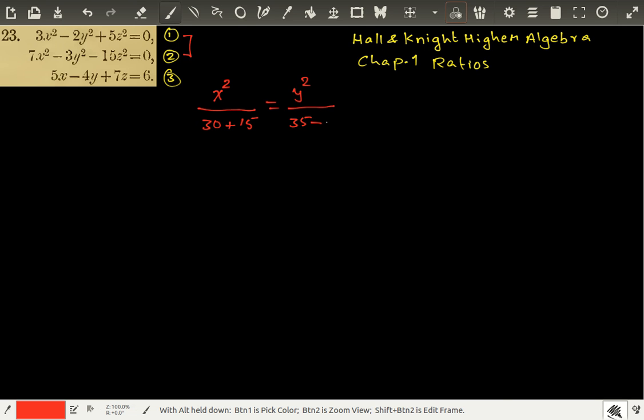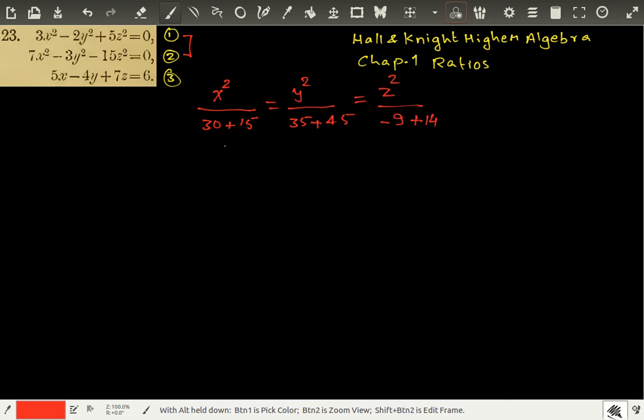So minus 45 is plus 45, is equal to z square over 3 times minus 3 is minus 9, minus 7 times minus 2 is minus 14, minus 14 is plus 14.